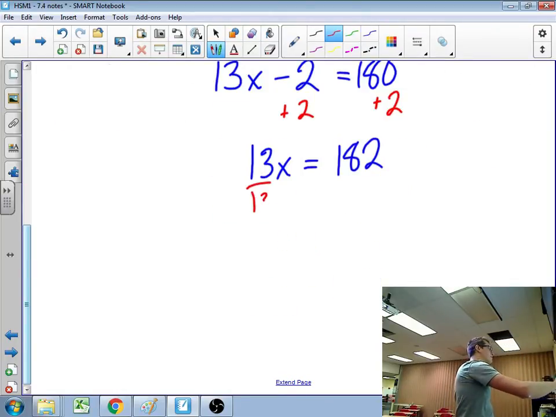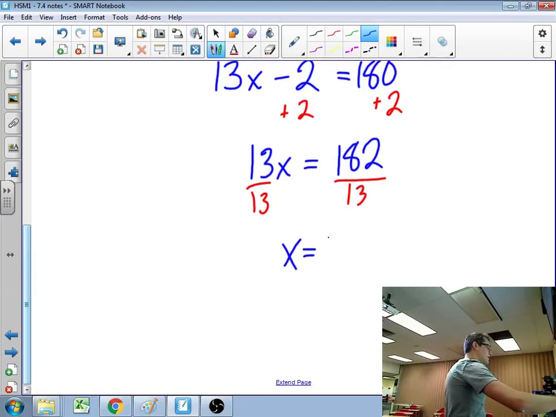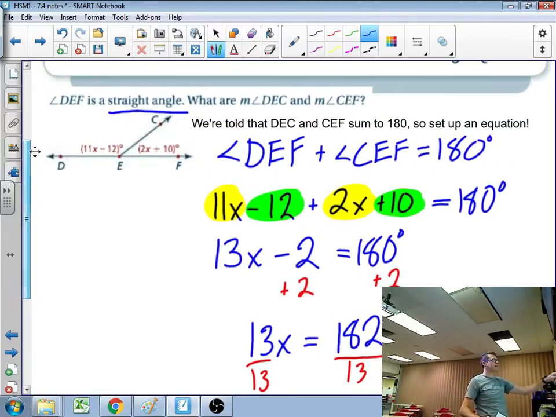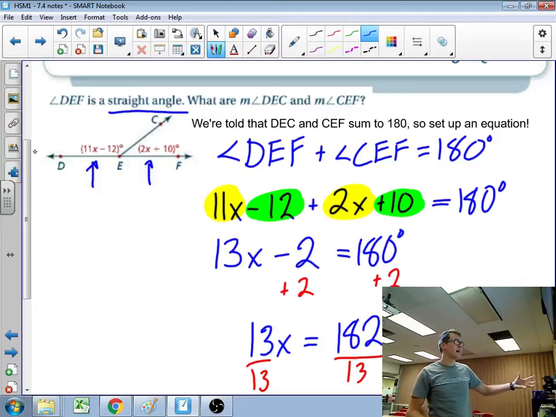So we divide on both sides. And from there, I see that x is equal to 14. Now notice that is not 14 degrees. X is a value contained within degree measures. So x itself is just a variable value. It's just an integer. It is inside of a degree measure.